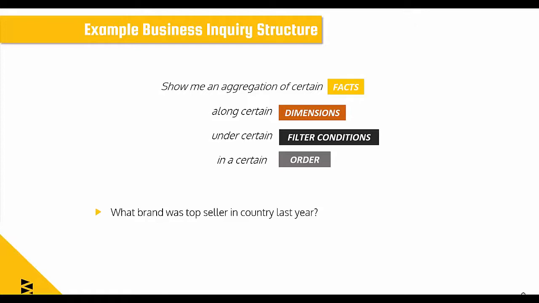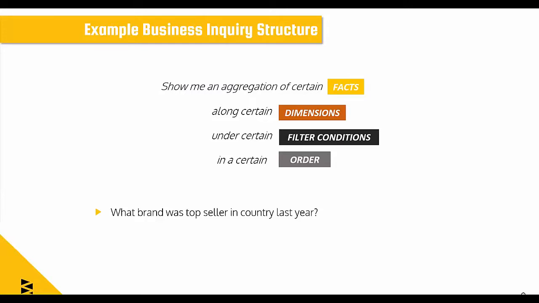The top, from the data elements that we mentioned. Top would be the max. I was more looking for the order, because top refers to the way we order, right? And last year, what is last year? Is it a dimension or a filter condition?